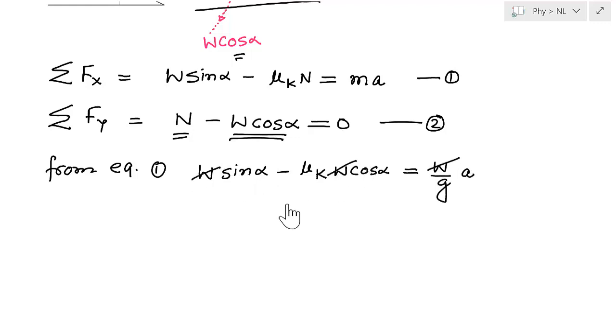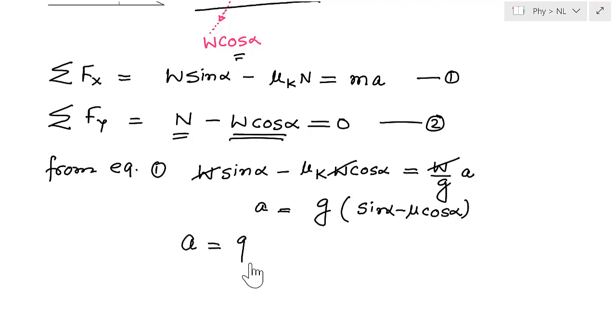So we will have acceleration is equal to g comes to this side, g times sin alpha minus mu k cos alpha. So if an object, or in this case the toboggan, is sliding in the downward direction, the magnitude of acceleration will be g times sin alpha minus mu k cos alpha.